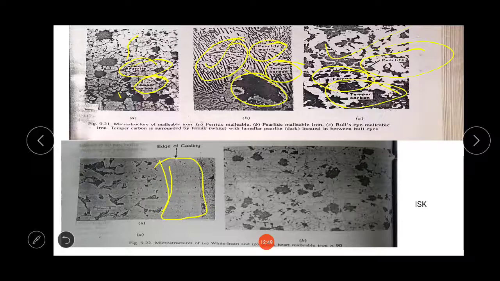In this region the temper carbon is eliminated due to 100% decarbonization.